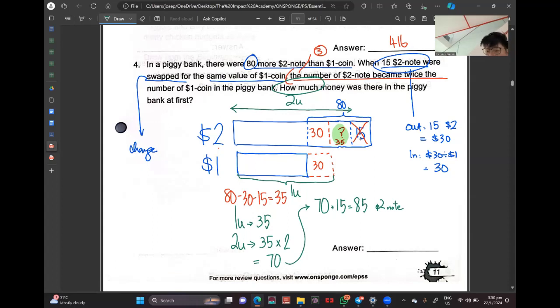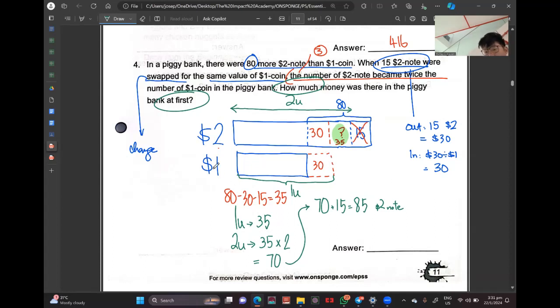Let's go with $1. For $1 is how many units? Just 1 unit, right? But do I remove the 30? Because they want us to find at first, isn't it? At first is with the 30 or without? At first I don't have this 30. Yeah, but it comes from here. It came from where? It came from here. No, for $1, do I have the 30? No. This was after that. Make sense?